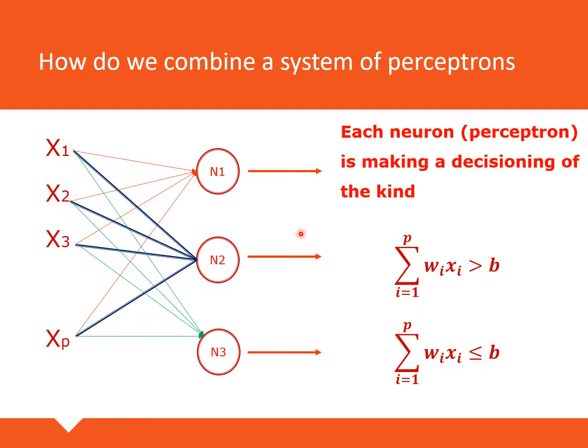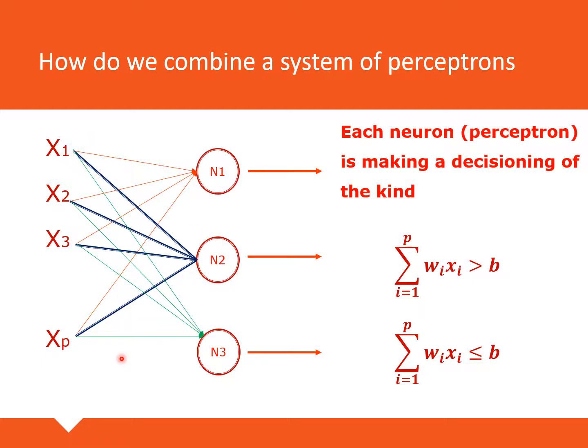So in the initial example, when there was just one neuron, all the features were actually sending their information to the single neuron. So if instead of having one neuron, we now have three neurons, it's very intuitive that all the features will be sending information to all the three neurons instead of one single neuron. So that is quite straightforward and quite intuitive.